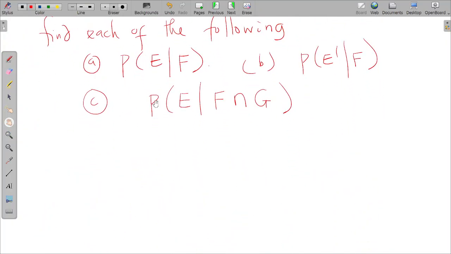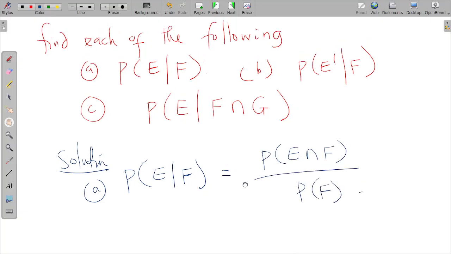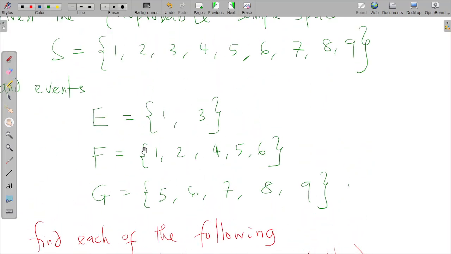Okay, let's find the probability of, so solution, A, probability of E given F. You know the formula? That should be probability of E intersect F over probability of F. Okay, of course we can find probability from this.